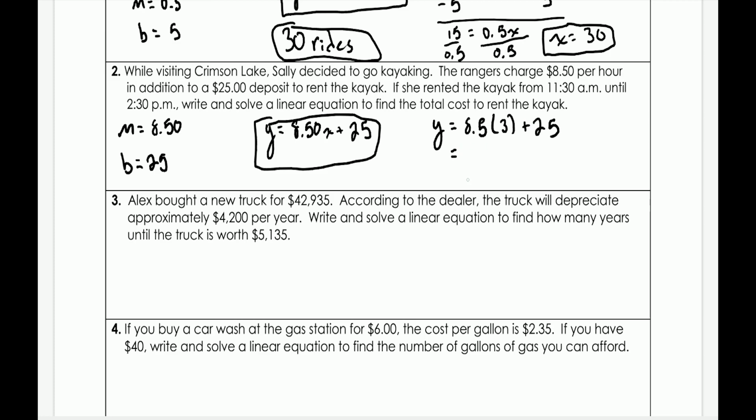Well, 8.5 times 3, that's going to give us 25.5 plus 25, that gives us 50.5, or $50.50. So the total cost to rent the kayak for Sally is going to be a total of $50.50. And that's the answer to number 2.